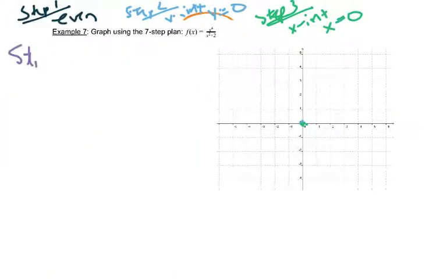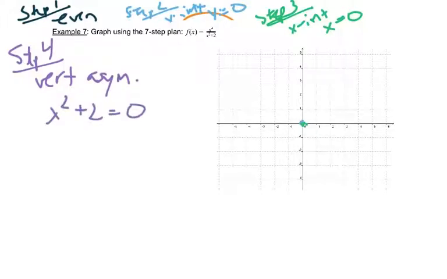So step 4 is our vertical asymptote. Remember that means we take the denominator and we set it equal to 0. So subtract 2 from both sides, and I get x squared is equal to negative 2.